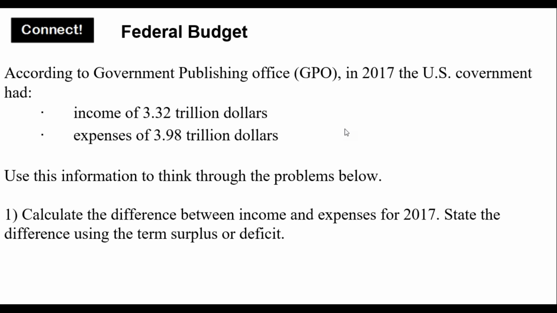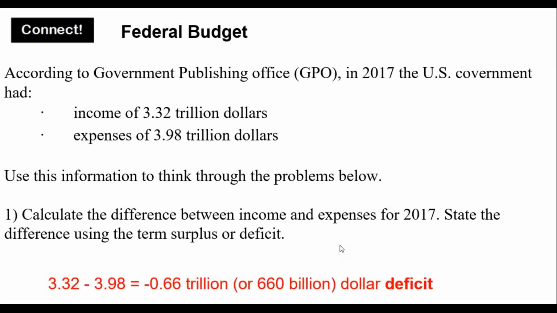So this causes an issue. If we calculate the difference between these, in other words, subtract income minus expenses, just like we did on that spreadsheet, this is like the federal government's budget. You can see we have a negative 0.66 trillion. Now, notice we just use the abbreviated versions of the numbers.